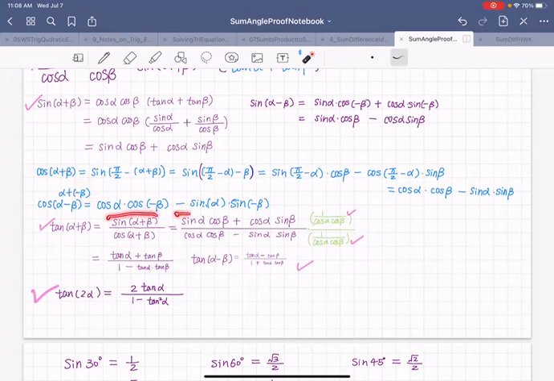Cosine negative beta is cosine beta, right? And then sine negative beta is negative sine beta, minus negative is plus. So this becomes plus. Okay? Makes sense now?